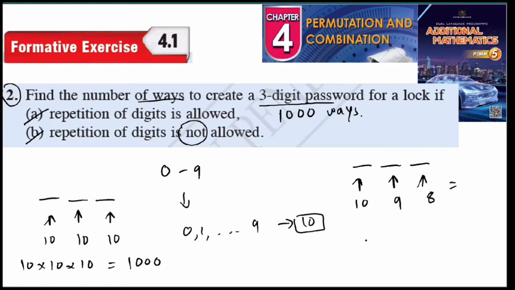If you use a calculator, you can write 10P3. You can use the permutation formula. So the answer is 720 ways. So there's a difference between repetition allowed and not allowed. Now let's proceed to question number 3.